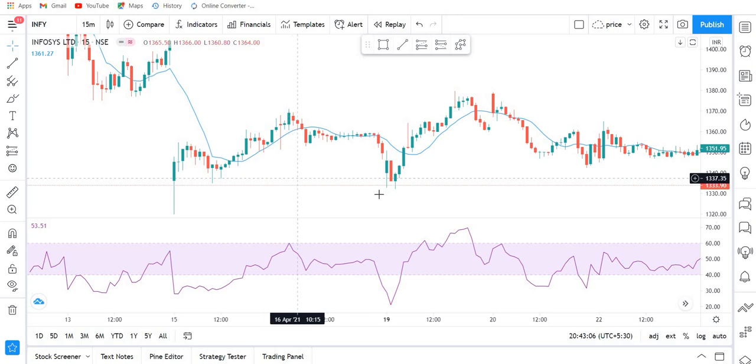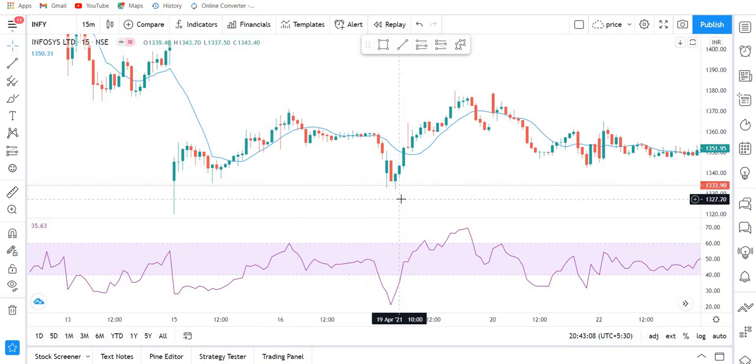Now we'll see another example of it. At this point you can see RSI has not crossed the 40 level at this candle, but at this candle RSI was already above our 40 level. It means that during the formation of this candle, RSI crossed the 40 level from the bottom and has gone above.